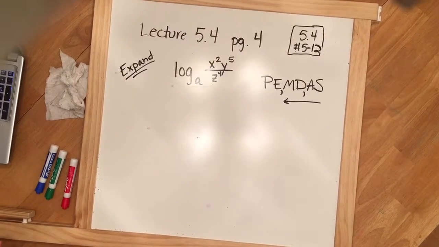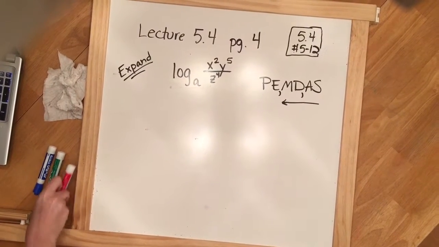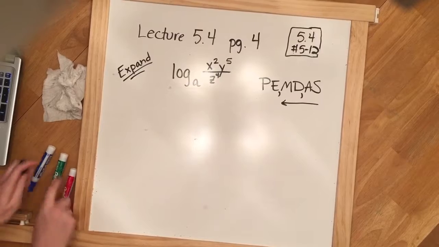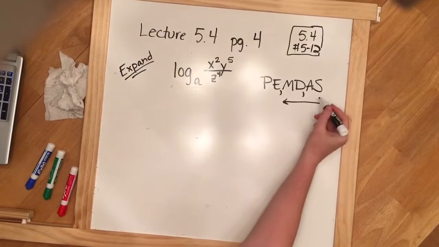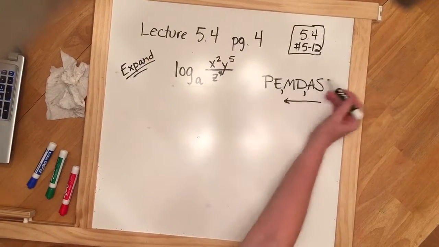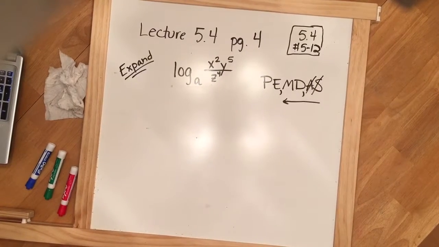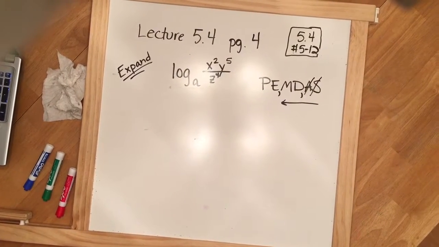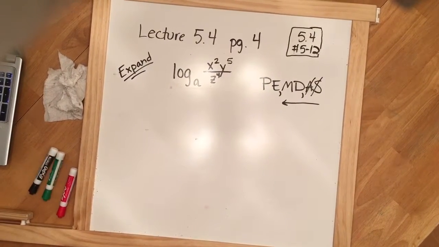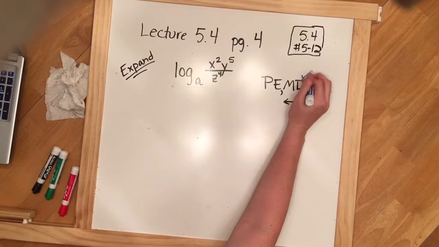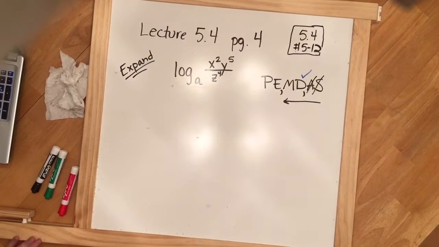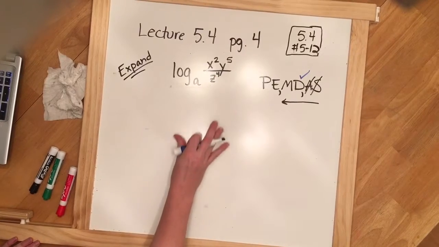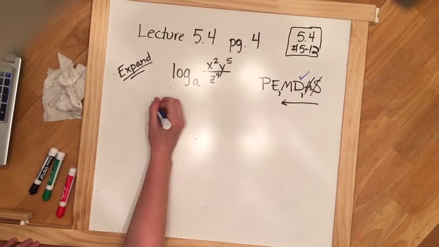in the correct order. So the first thing you can see that we ask is, do you see any subtraction or addition signs? And you can see very quickly that we do not see either of those. But the first thing we do see is division. So we want to use the quotient property here to break up the division into subtraction.